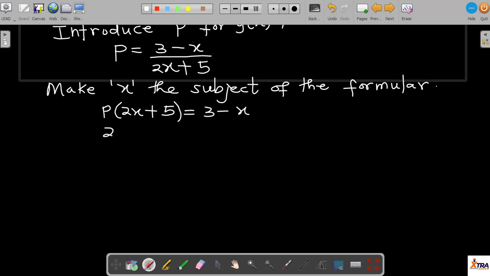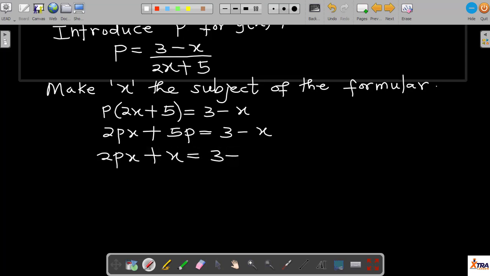We have 2px plus 5p equals 3 minus x. We have 2px plus x. Collecting like terms, we have 3 minus 5p.